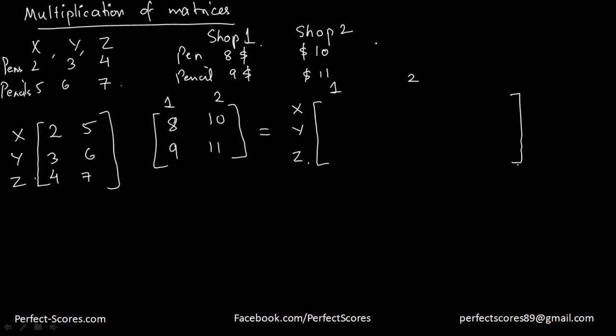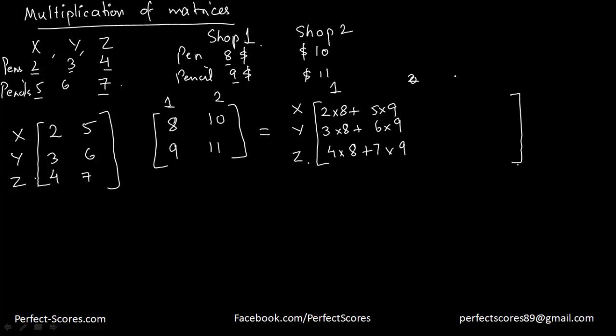Now if I try to find the cost for X for shop 1, it's going to be 2 pens at the rate of 8, which is 2 into 8, plus 5 pencils at the rate of 9, which is 5 into 9. Then for Y, it's going to be 3 into 8 plus 6 into 9. And for Z, it's going to be 4 into 8 plus 7 into 9.